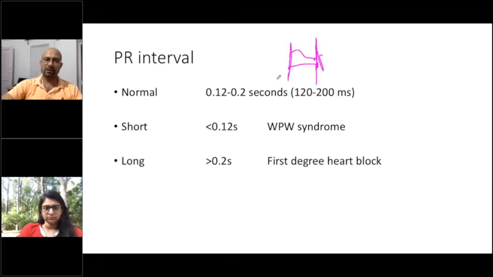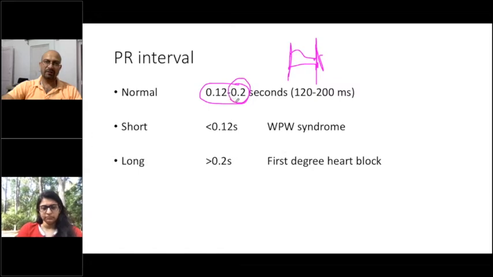That's the PR interval. The normal length of this should be 0.1 to 0.2 seconds. If you remember, 0.2 seconds is also the length of one big square.